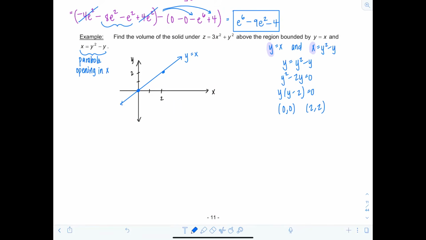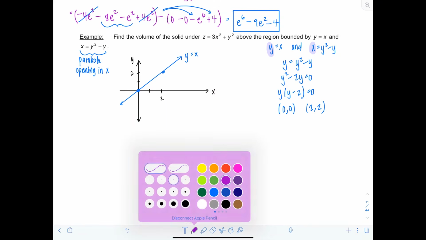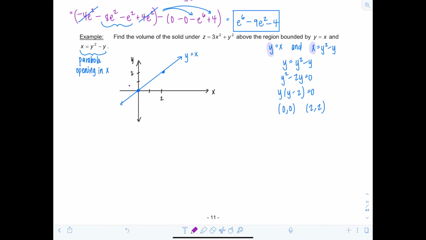And then the parabola, y squared minus y, well, we could find the vertex. We know it's going to be when y is equal to positive 1/2. So it's going to be back here. Anyhow, it's also going to intersect, if y is 1, x is going to be 0. Just to throw a little more detail into this picture.